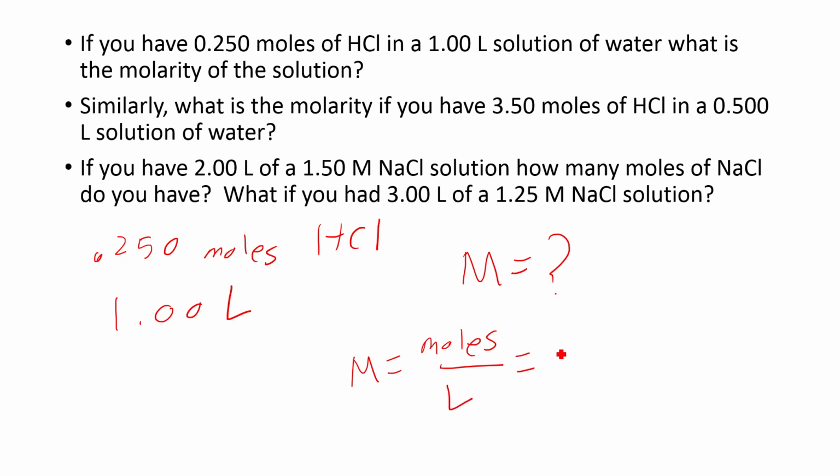So it's going to be equal to 0.250 over 1.00. And in this case, moles over liter, we can write it as big M. This is going to give us just 0.250, because anything divided by 1 is itself. So we simply get 0.250 molar. That is our concentration of our HCl.